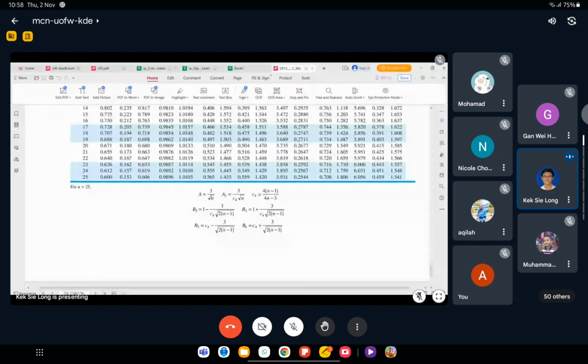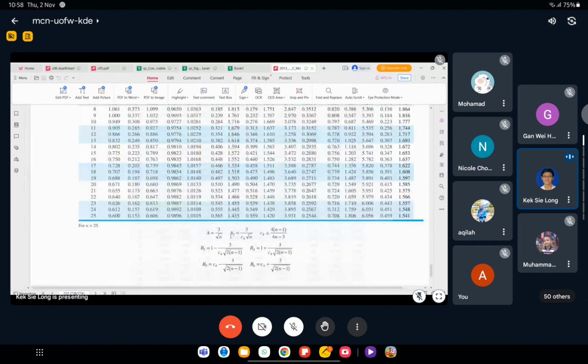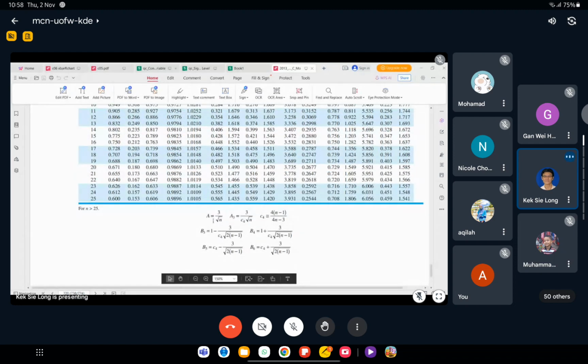What we can do is use the formula to do the calculation. This is the formula, A3 equal to, but we do not see A2's formula here. We see A3, C4, B3, B4, B5, B6, no A2.